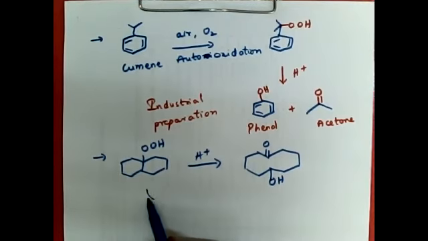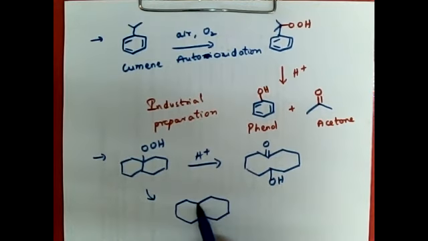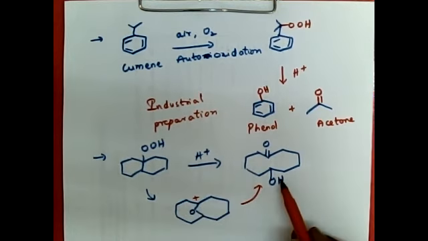I'll briefly explain this. When it is treated with acid, it generates this intermediate. So our water molecule will attack here, and this will undergo bond breaking to generate this ketone and alcohol in the same molecule.